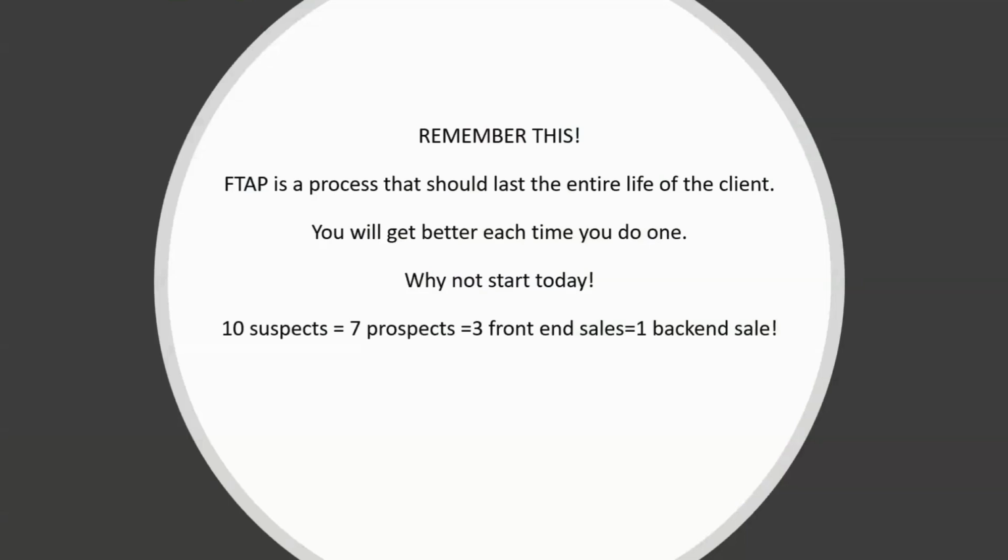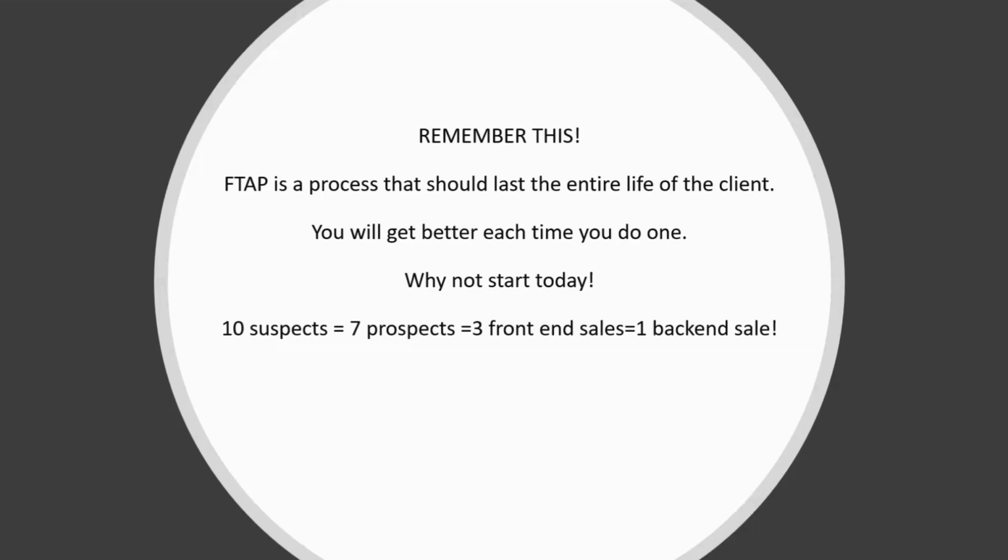So remember this. Family tree asset positioning is a process that should last the entire life of the client, because they're going to keep adding circles the size of a quarter downward. They may keep adding circles the size of a quarter off to the right or off to the left.